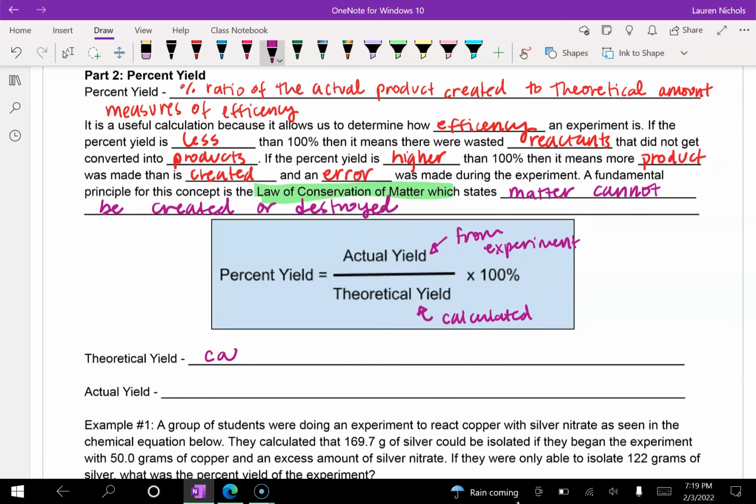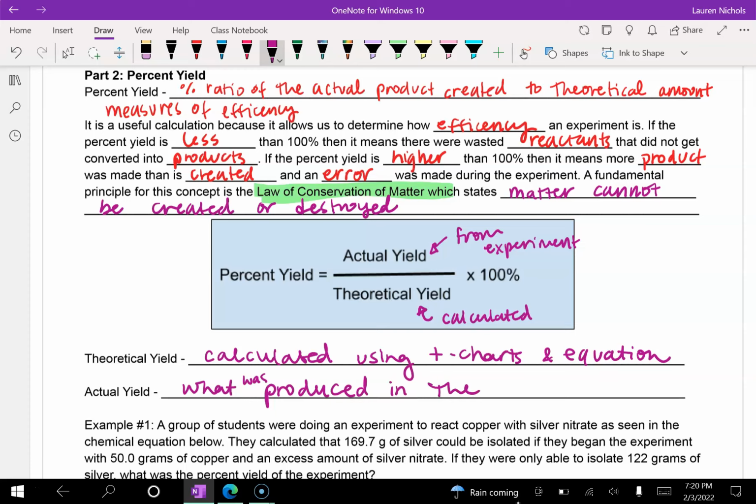So the theoretical yield is calculated using T-charts and the equation, using our mole ratio and such. And then the actual yield is what was produced in the experiment.